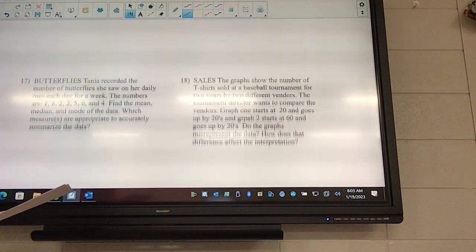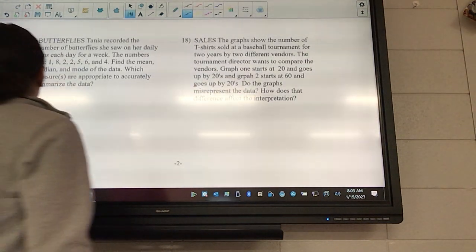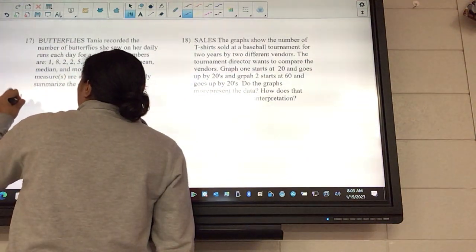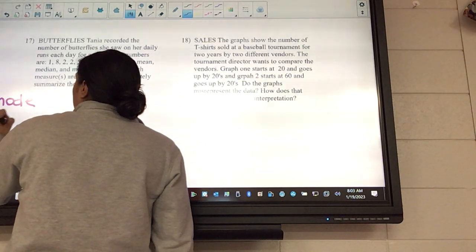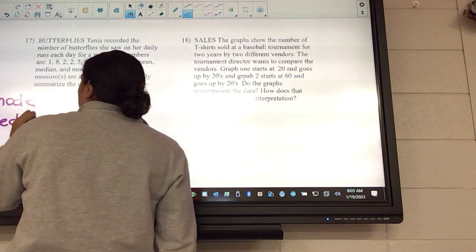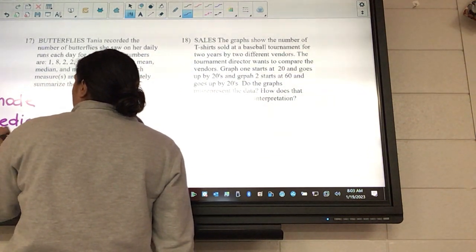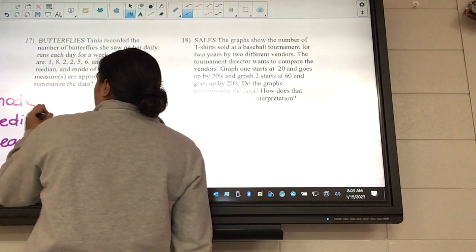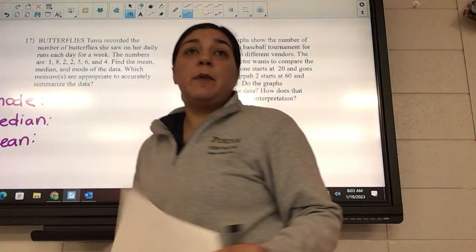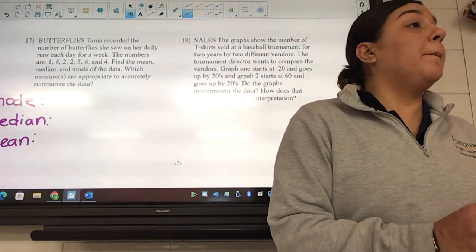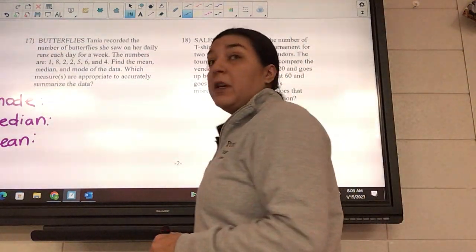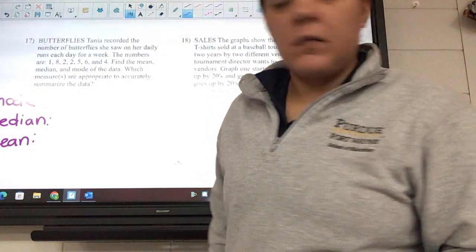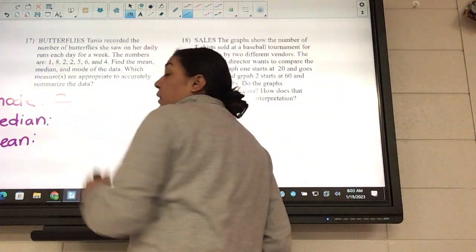Okay, so start finding them. When you got one, let me know. What you got? The mode is 2. The mode is 2, somebody agree? Yeah. Okay, perfect. I need the median and the mean.